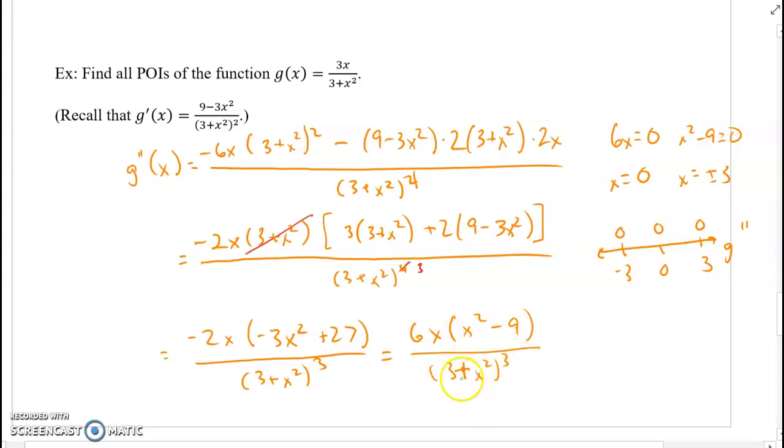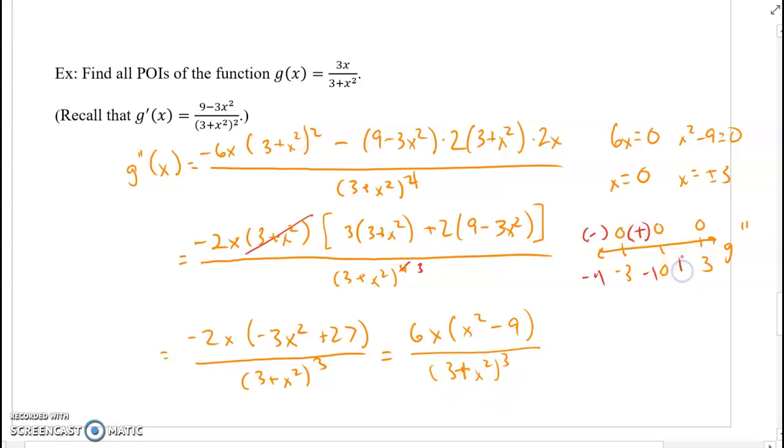Using this as our sign check, maybe at negative 4, we get negative times positive over positive. So 1 negative makes it negative. Maybe if we check negative 1, we get negative times positive. So that's going to be 2 negatives, so that'll be a plus.